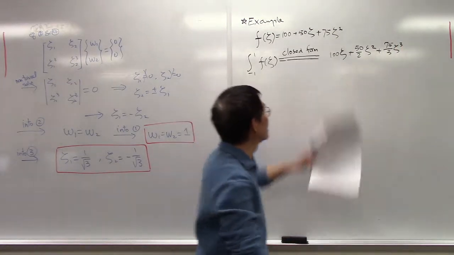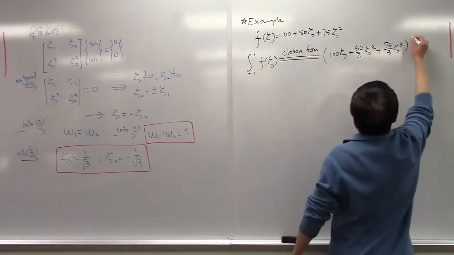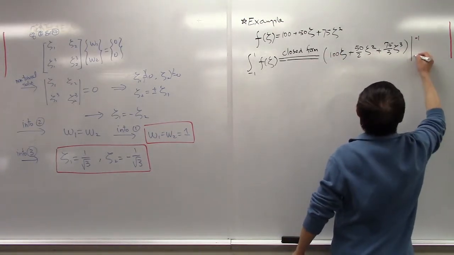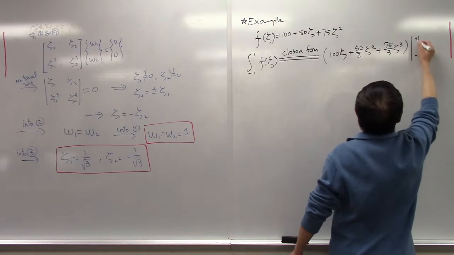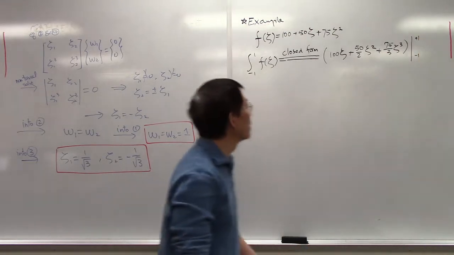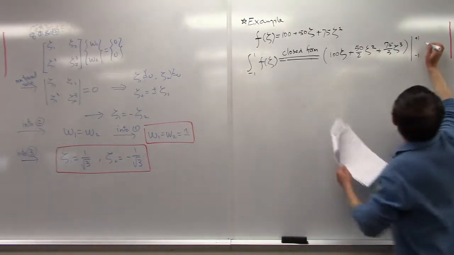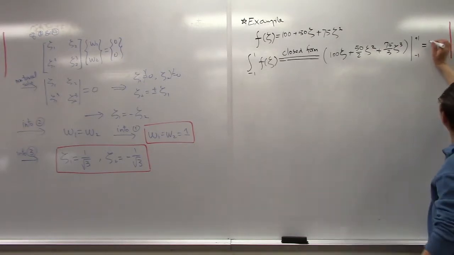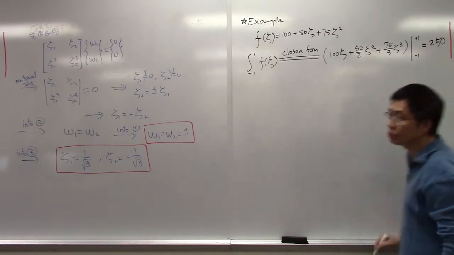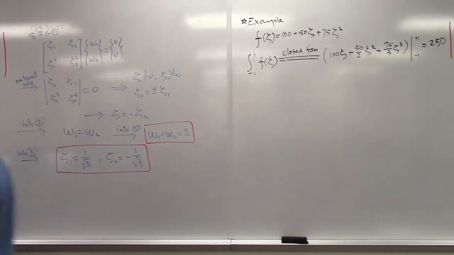When you integrate in closed form and put in -1 and +1, at the end you get the value of 250. So 250 is the exact solution, okay?